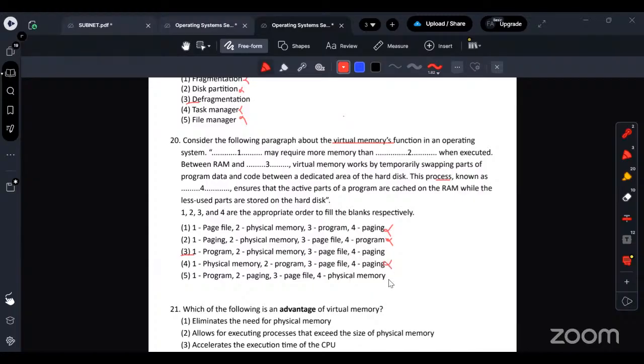So that is also wrong. And fifth is also wrong because in the last option they mentioned physical memory and page file, and the process is only known as paging. Option 2 is wrong because paging is the name of the process, not the entity requiring memory.